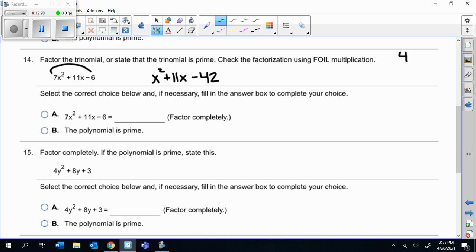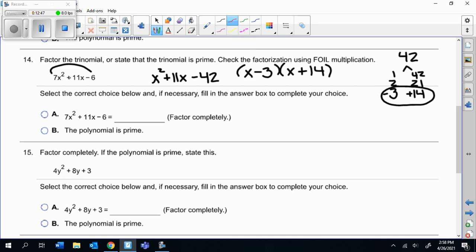Factors of 42 that add up to 11. So 2 and 21. 3 goes into it 14 times, so it's 3 and 14. If that's a positive 14 and a negative 3, that will work. So x minus 3, and then x plus 14.